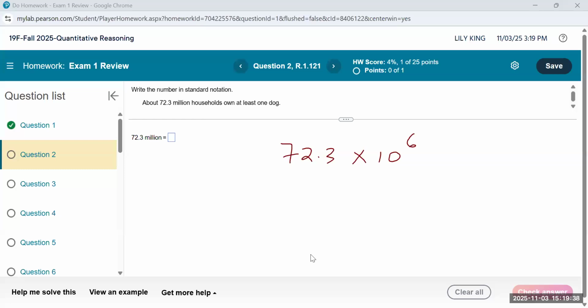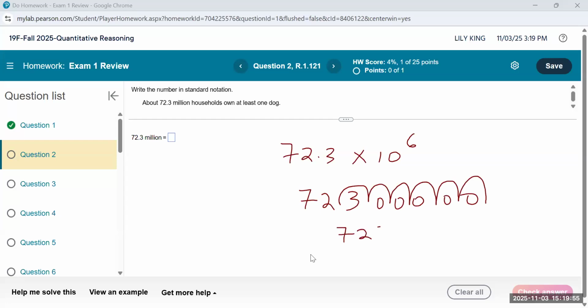So we're going to move our decimal point 6 places to the right. All right. So 1, 2, 3, 4, 5, 6. And you fill these in with zeros. So for 72.3 million in standard notation, you're going to add 5 zeros because the decimal in the number will reduce the zeros by 1.